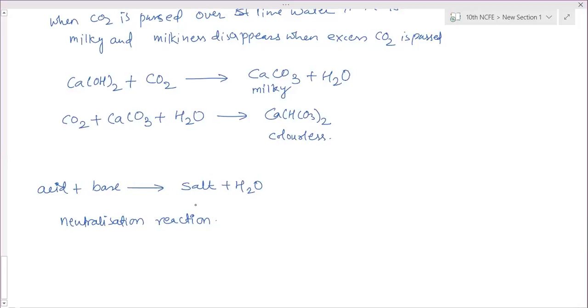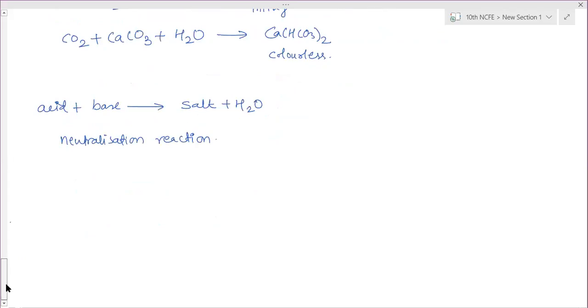I mean, depending on the strength of acid and base. Then why are you telling that in the definition? What's the proper answer? I need a specific answer. Don't tell me a class 7 answer.